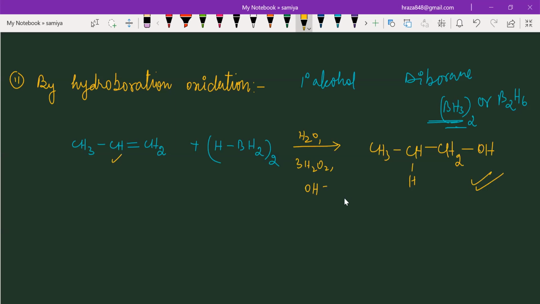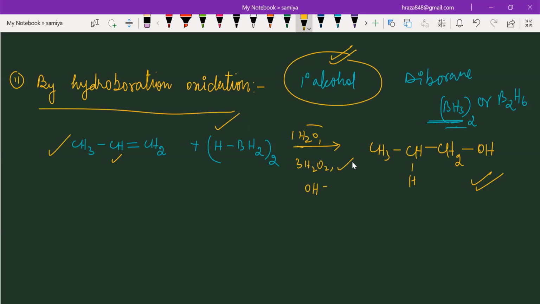Yes, sir. So by hydroboration oxidation, we prepare 1 degree alcohol in this way. We mix this alkene with diborane, then water, hydrogen peroxide and base. Then we get primary alcohol. Write it, and then I will explain the mechanism.